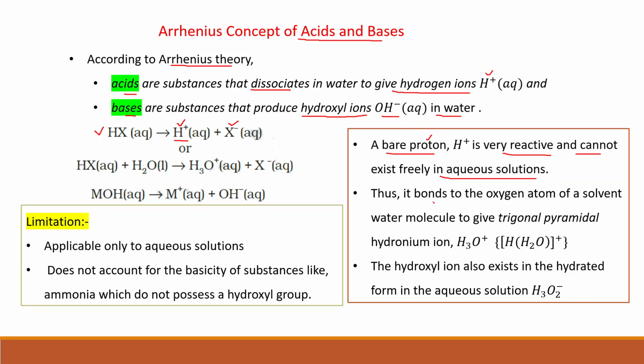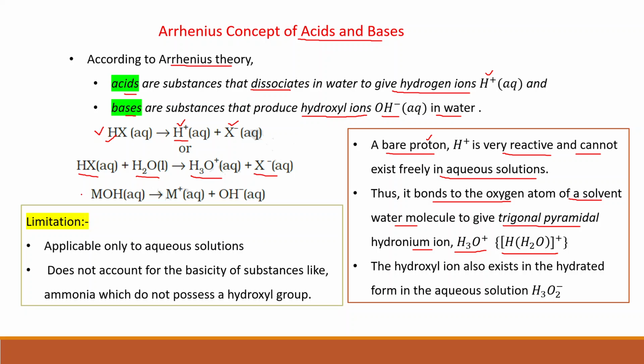Thus, it bonds to the oxygen atom of a solvent water molecule to give the trigonal pyramidal hydronium ion, H3O+. So this reaction can also be represented like this: HX plus H2O gives H3O+, the hydronium ion, and X-.